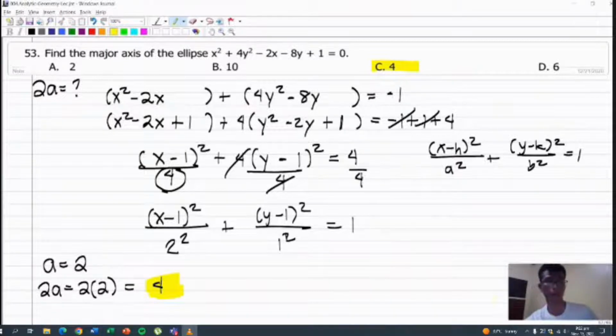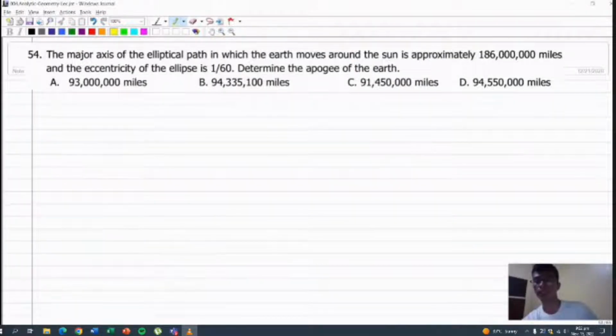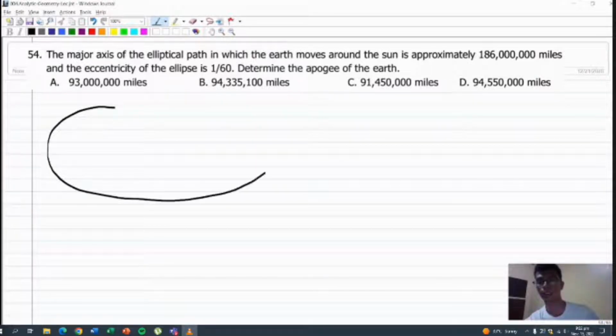Number 54. The major axis of the elliptical path in which the Earth moves around the Sun is approximately 186 million miles. Sabihin na lang natin na pag ganito ang elliptical path of our planet.